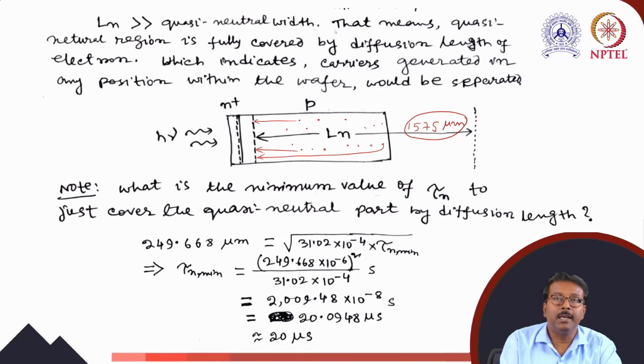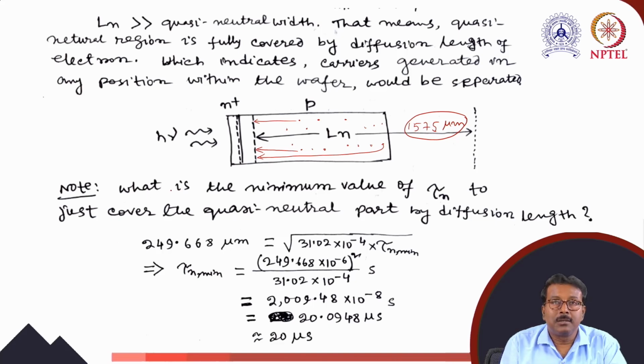So we have checked that Ln, 1575 micron, is much greater than the quasi-neutral width, so this is fully under diffusion length. Here you may note that it is controlled mainly by the carrier lifetime.